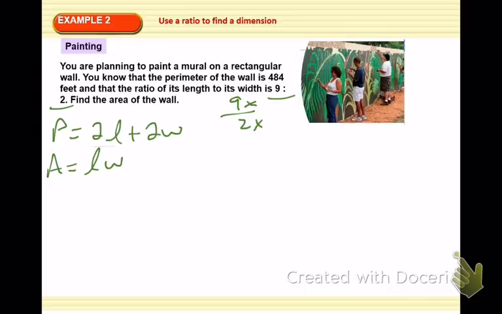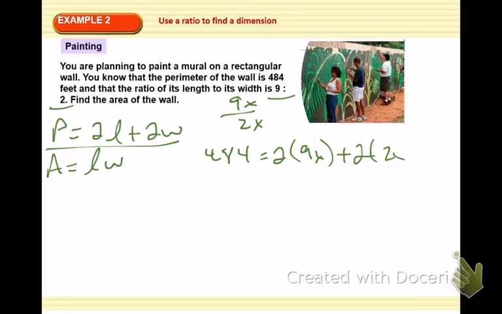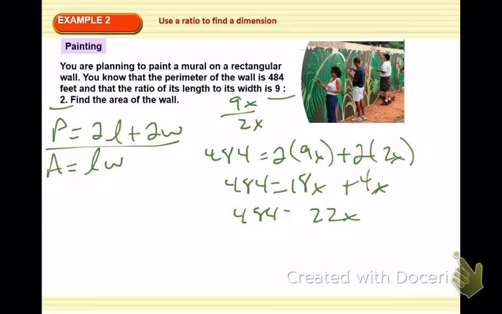And now I can use that in my perimeter formula. The perimeter is 484 feet. And I've got the length and the width. And now we're just solving. Right, add the 2 x's together there, we get 22x. Divide by 22, and x is 22.